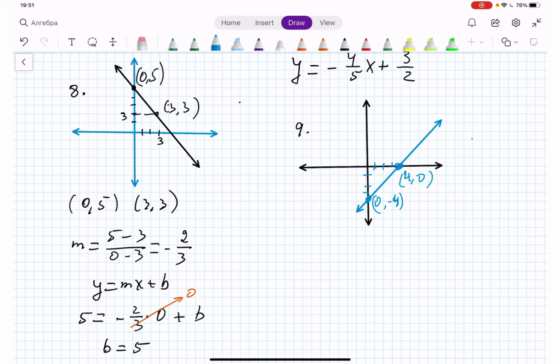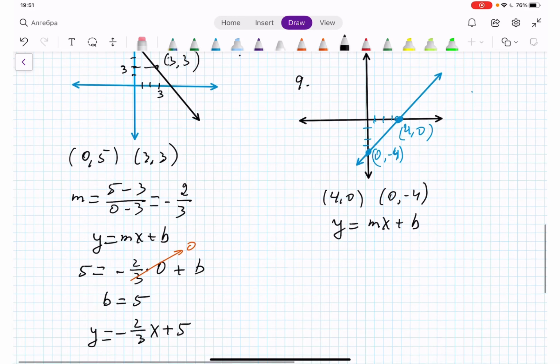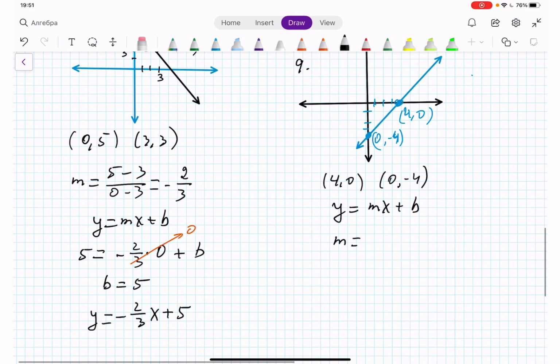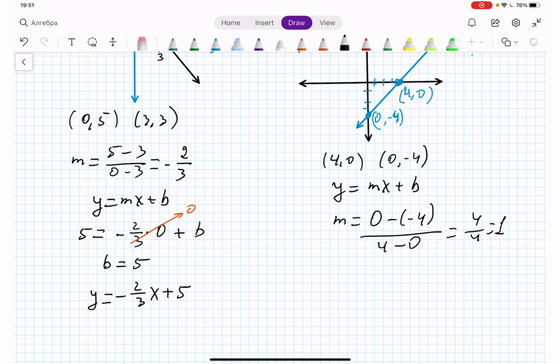Okay, so first let's find our slope. So we have 4 and 0, and we have 0, negative 4. So for y is equal to mx plus b, my m is equal to 4 minus negative 4 over 4 minus 0. It's going to be 4 over 4 is equal to 1, positive. And indeed, the graph is going up, so it's increasing. So the slope is positive, all is good.